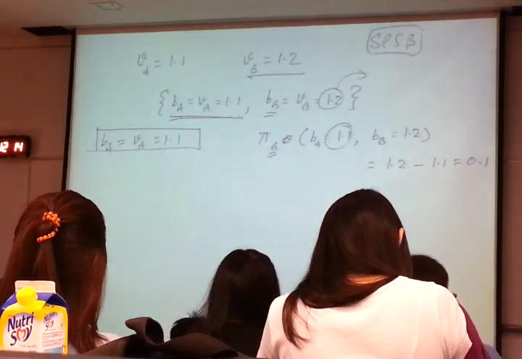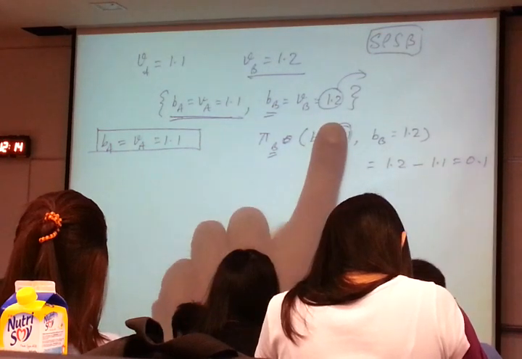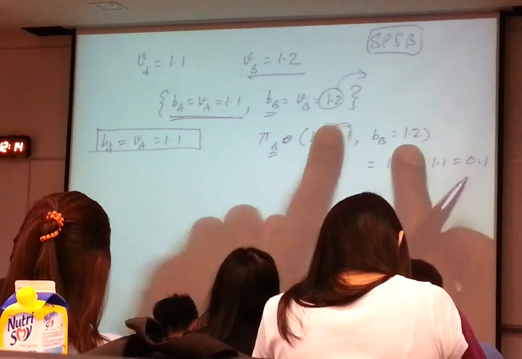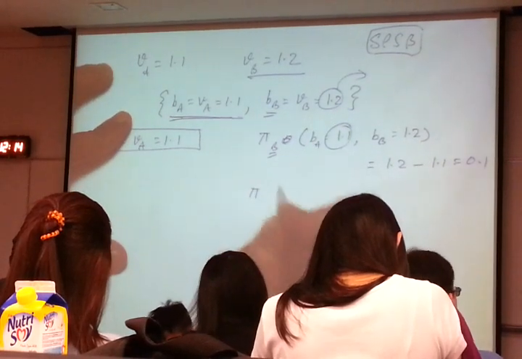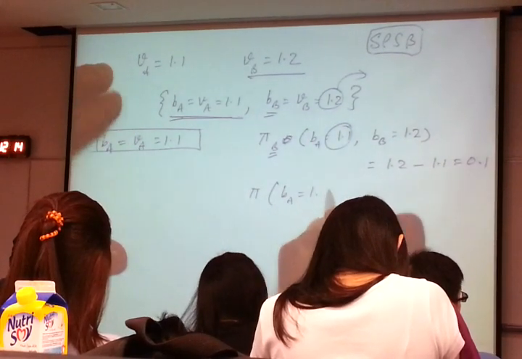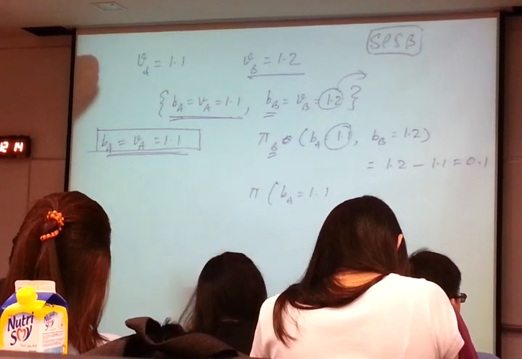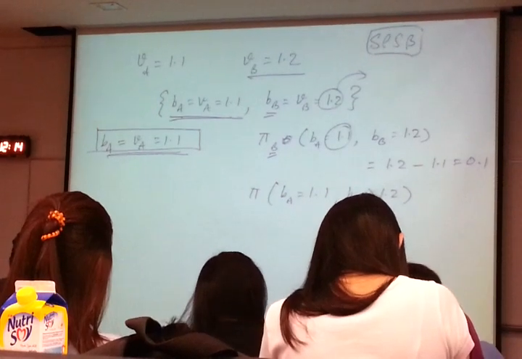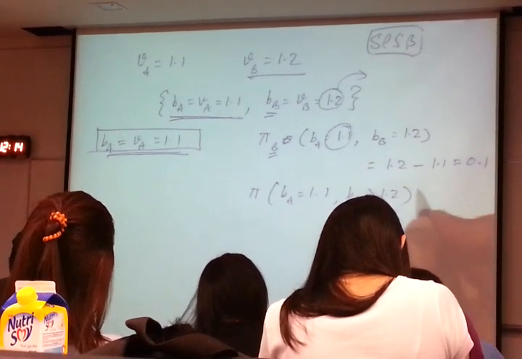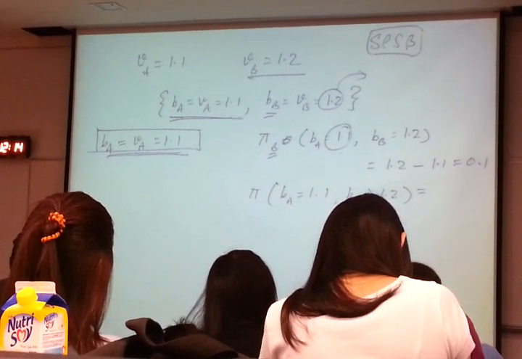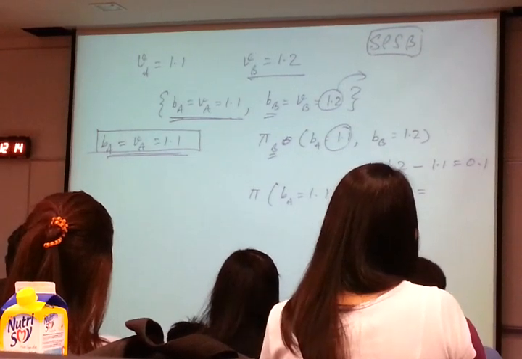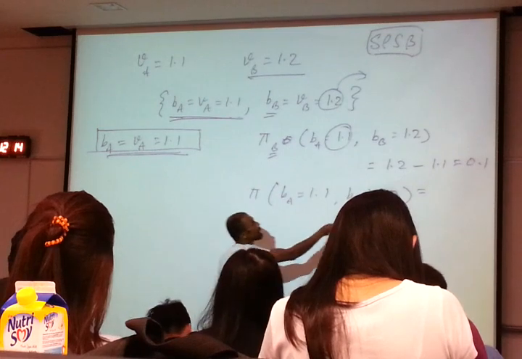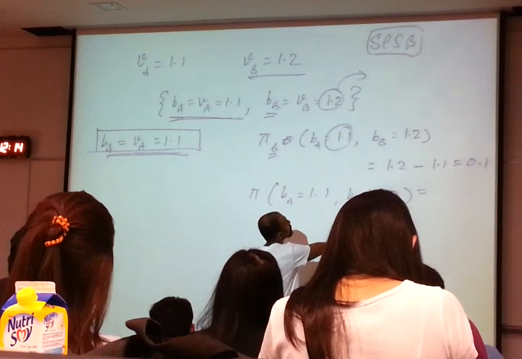Let's change Bert's bidding strategy. Holding Alex's bidding strategy constant, let me change Bert's bidding strategy and consider what happens to his payoff. Here we go. Suppose Alex continues to bid 1.1. Notice I am holding this constant. Bert bids greater than 1.2. In which case, who will win the auction? Clearly, Bert will still win the auction. He has a higher bid. If he wins the auction, how much is his payoff?